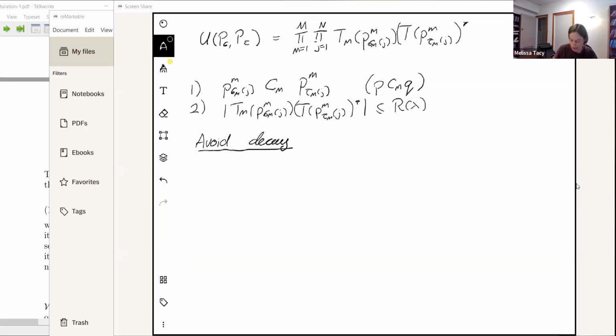So I'm going to start at m equal to 1, and I'm going to start at this P1 sigma 1 of j. And to avoid decay, I require it to be linked up by condition 1 to P1 tau 1 of j. Otherwise, that part of the product will be 0, decaying as r lambda.